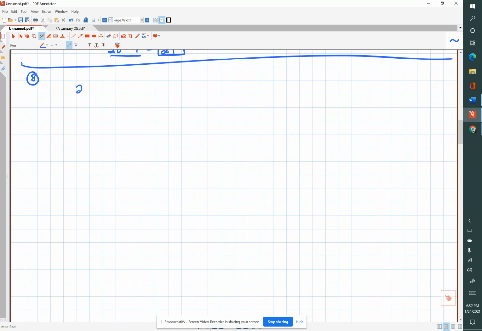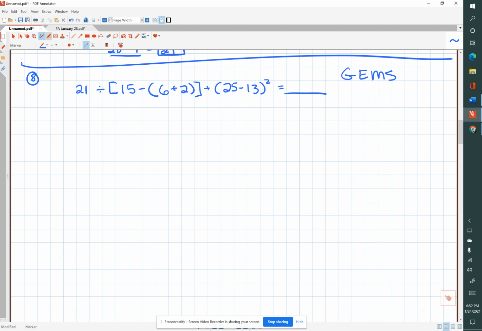So that would be 21 divided by the quantity of bracket 15 minus parenthesis, another quantity, 6 plus 2, and we're closing the bracket, plus another quantity, 25 minus 13, all of that squared. So I think we're at a pretty big number this time. So let's review grouping symbol, exponent, multiplication, and division before addition and subtraction.